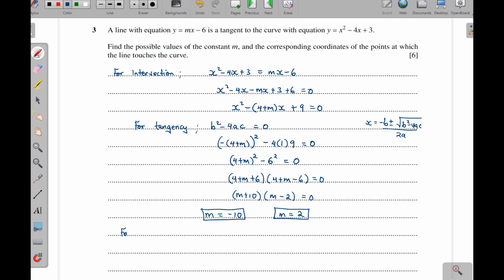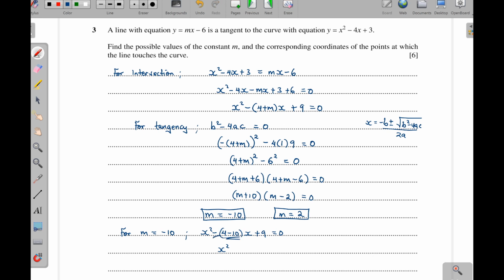Then we shall say for m is equal to negative 10, we shall substitute it here. That means we shall have x squared minus 4 minus 10 of x, then plus 9, which is equal to 0. Which quadratic equation do we get here? This is x squared, this will be minus 6, not so?